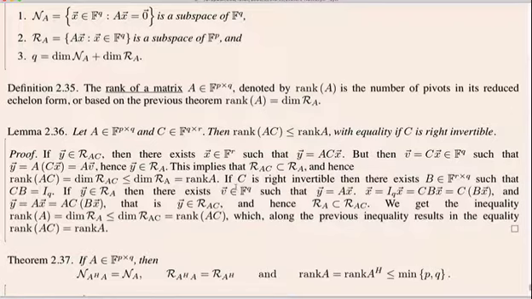If C is right invertible, then there exists a B matrix, which must be R times Q in size, such that C times B equals the Q by Q identity matrix. This is Q by R times R by Q; when you multiply, you get the Q by Q matrix.